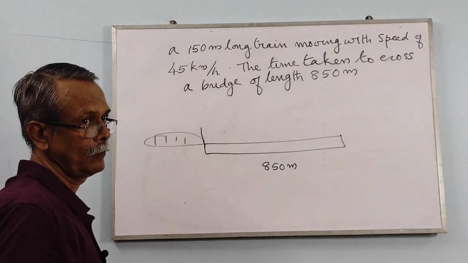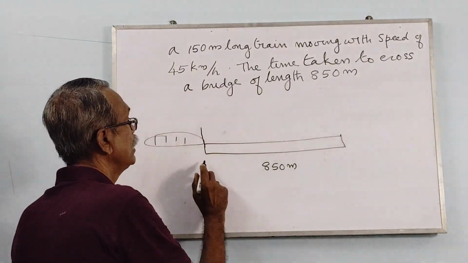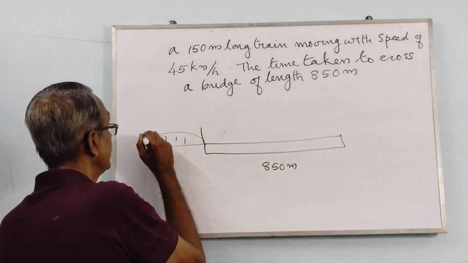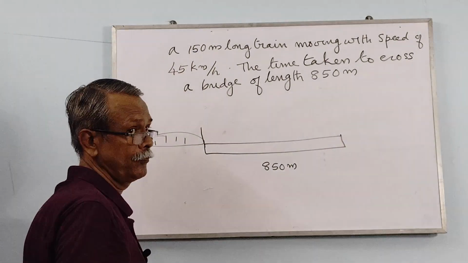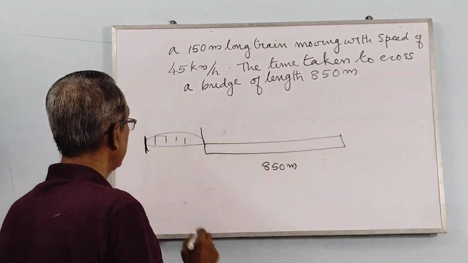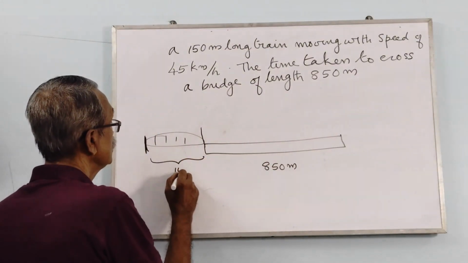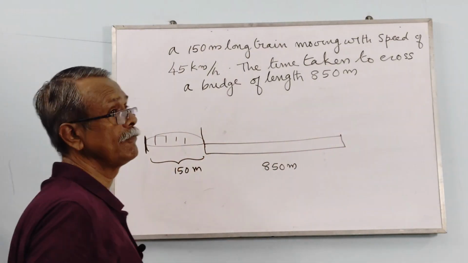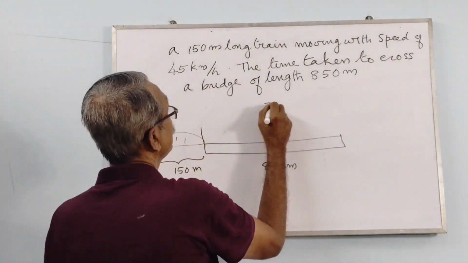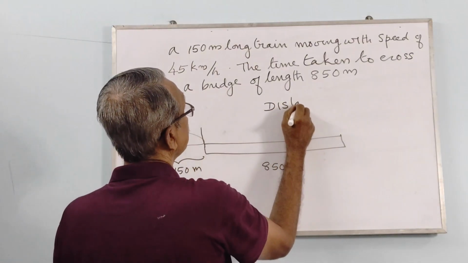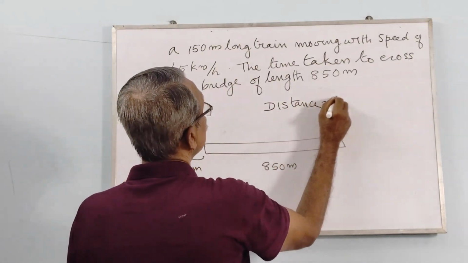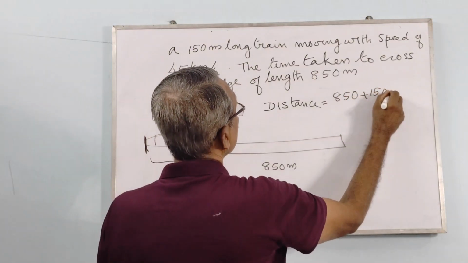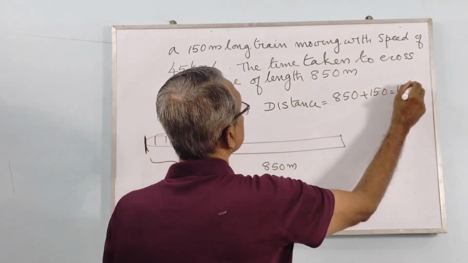In order to cross the bridge, that means this point has to cross the bridge. So the total distance to be travelled will be equal to this 850 meter plus this 150 meter. Therefore, the distance is equal to 850 plus 150, equal to 1000 meter.